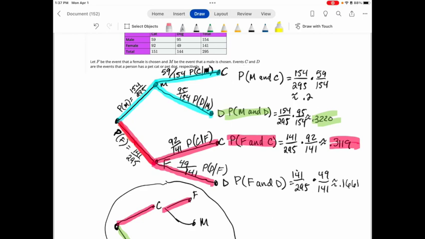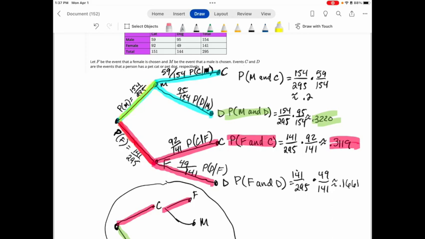One thing I want to point out is that when you follow the whole path down one of the branches, that's going to be your and statement where you multiply the branches together. If you're only looking at one specific branch, you're not following the whole path down, then you're looking at the conditional probability because you're making an assumption of what happened on the previous branch as you follow it down.